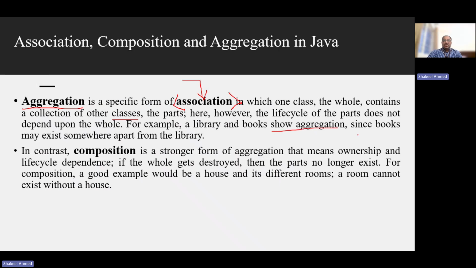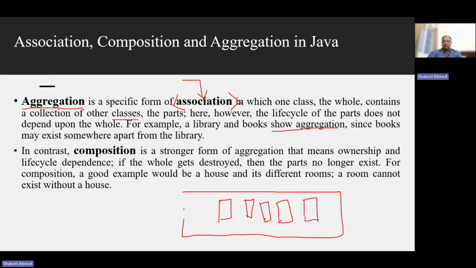So, aggregation. You know what a library is. In a library, you have a lot of books. So a library and a book show aggregation. What does it show?